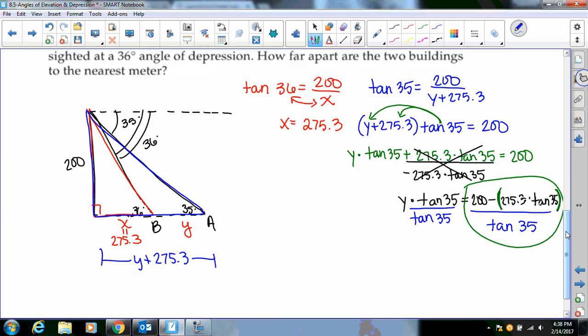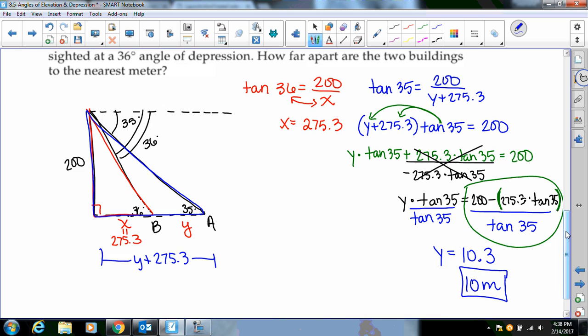And if you do it right, you should be getting out y is 10.3. And the question said, how far apart are the two buildings to the nearest meter? So y represented the distance between the two buildings to the nearest meter. That would just be 10 meters.